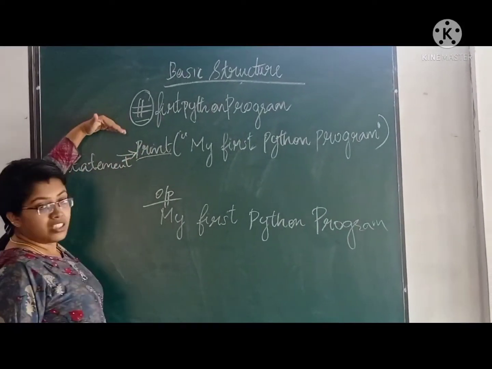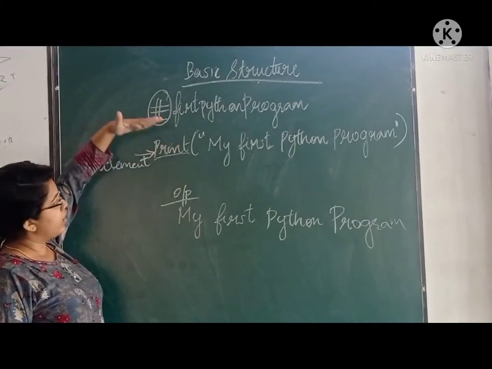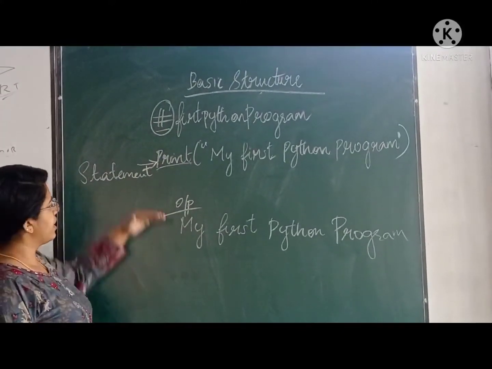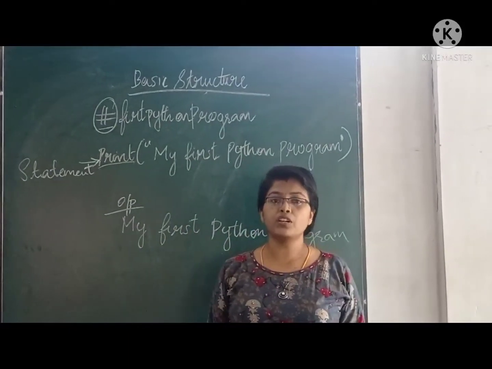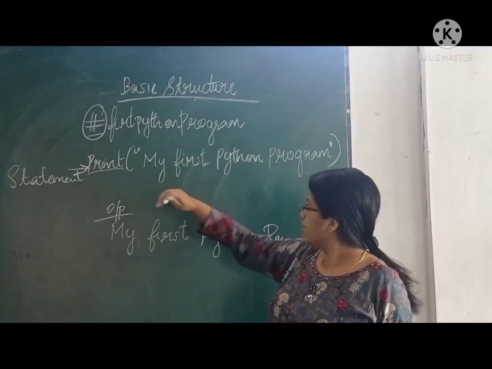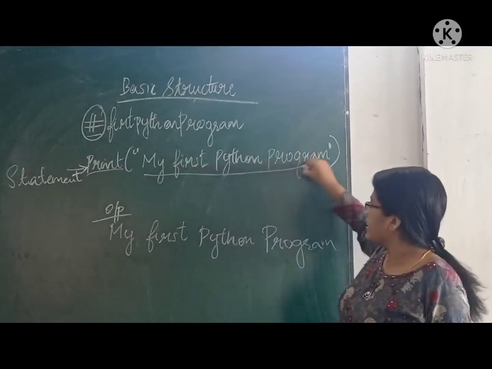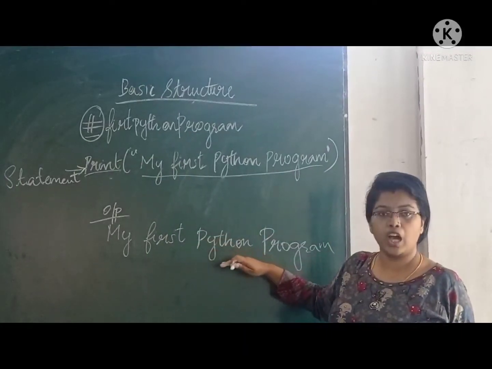After the comment line, after the hash, all the lines that you write we call statements. This is the body of your program. So this is the comment line and this is the statement. Whatever you give inside the print command will print on your output screen.